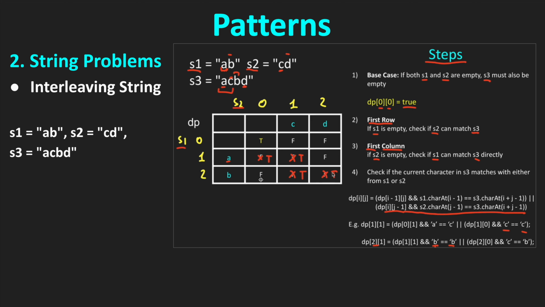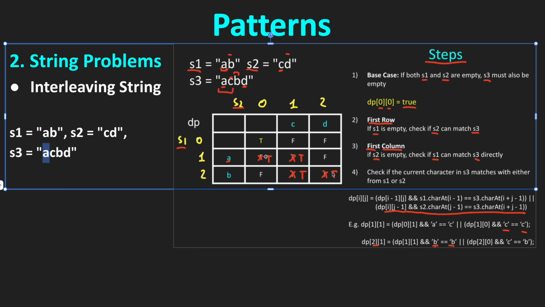So we are setting these values here. Initially, when we create a two-dimensional array, all these values are set to false. But when we start comparing for the first row and the first column, we set this value for A to true, because A is equal to the first character of S3.